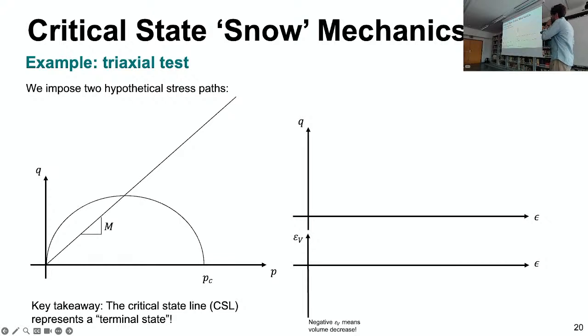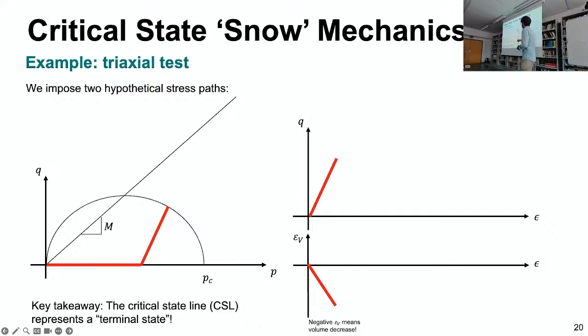I want to make this a little bit clearer by showing two hypothetical stress paths that we can impose in a triaxial test. So let's say we first isotropically compress our material to a certain point here. Then we start shearing until we reach the yield surface. We will have some elastic decrease of our volume perhaps. And you see here my shear stress is also increasing.